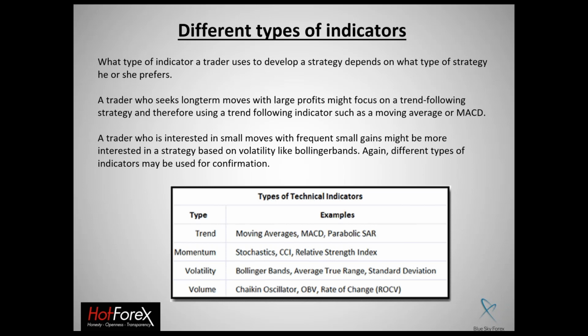Okay, and below you have the image that shows different types of indicators and brings you a few examples here as well. So for a trend, we have moving average, MACD, and parabolic SAR. Then for momentum, we have stochastics, the CCI, the relative strength index. We have Bollinger Bands as the volatility type indicator, also the average true range, the ATR, and standard deviation, which is already part of Bollinger Bands.